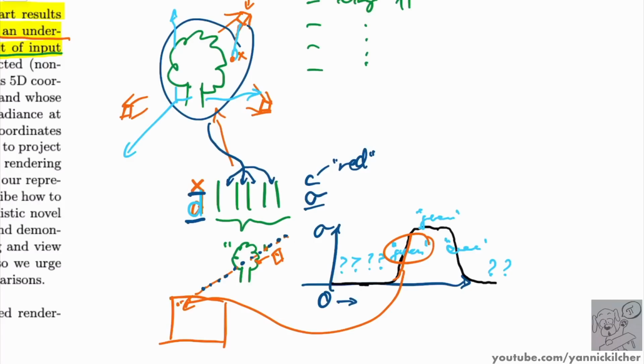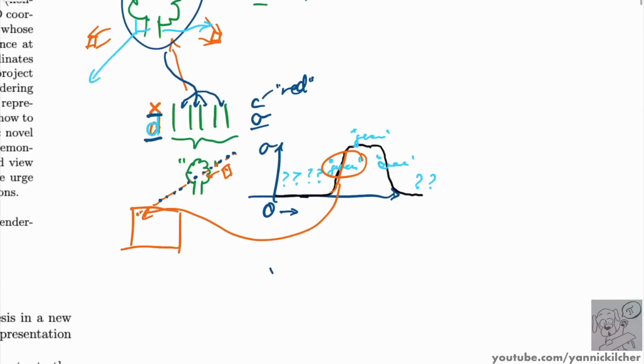And also it can capture transparency, because imagine you have a curve that is not as clear as this one, but you have a curve that is something like here. So here is one wall of a glass, and here is another wall of the glass, and they go up in density, but they're not fully dense, right? And the front of the glass is maybe blue, and the back of the glass is red.